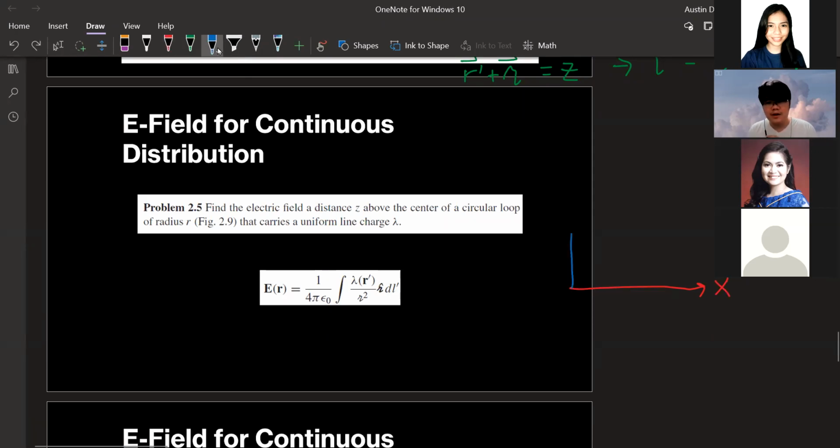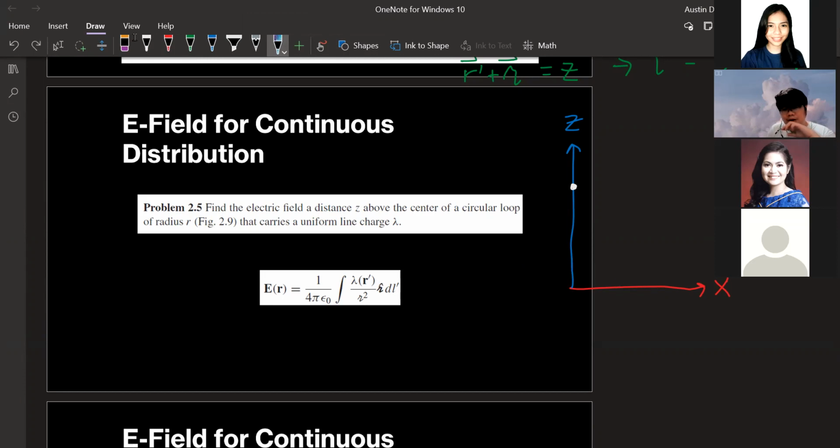Z will be here. So let's say that the point we're finding is around here at a distance z above the center of a circular loop. So we have a loop here.